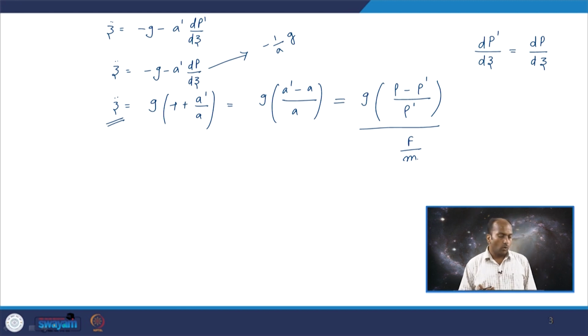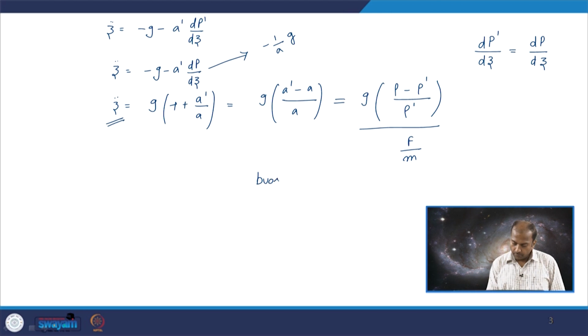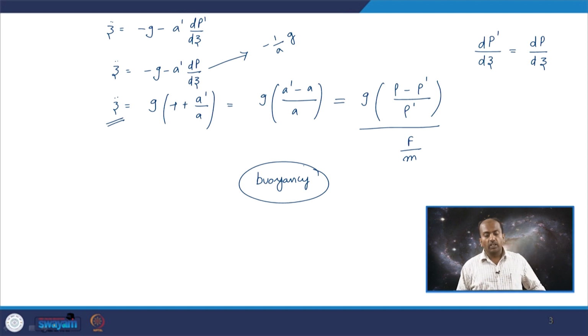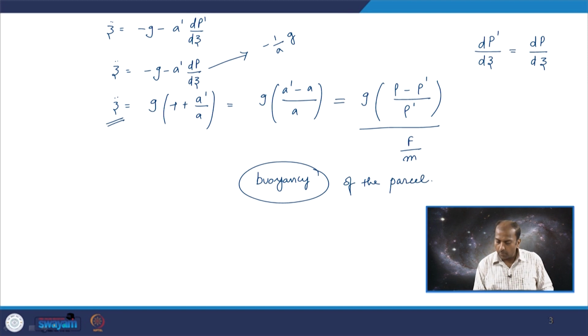This is also called buoyancy. The force that arises due to the difference between the pressure gradient force and the gravity is called the buoyancy of the parcel. Now, we need to solve this equation.